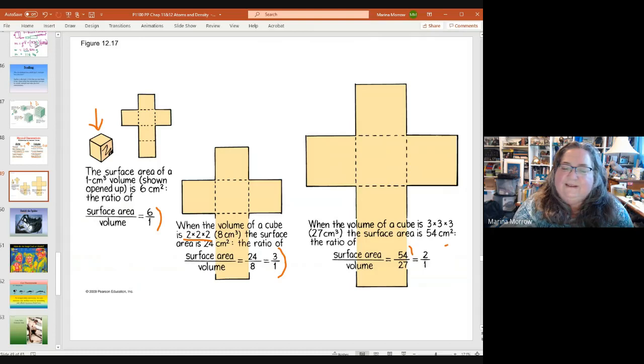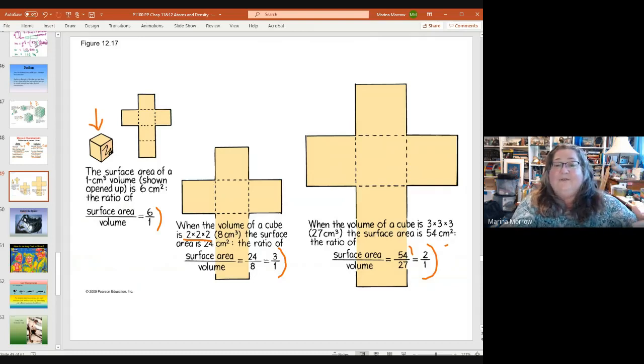The volume is 27. And now the surface area to volume ratio is only 2 to 1. So for each 1 centimeter cubed of volume, there's only 2 centimeters squared of surface area where there could be a flow of heat or materials in or out.